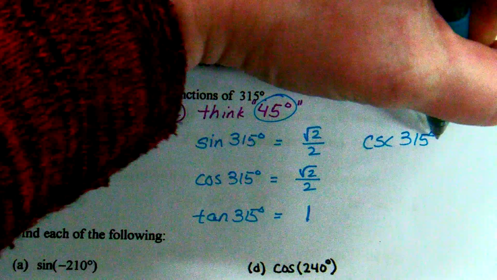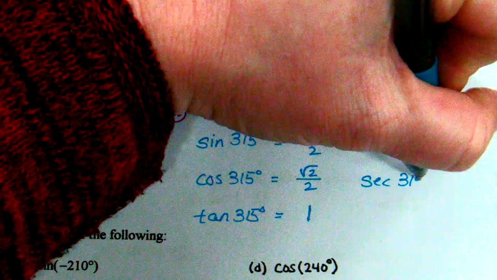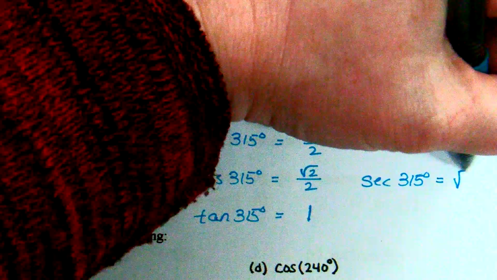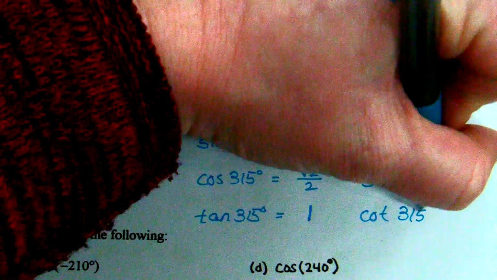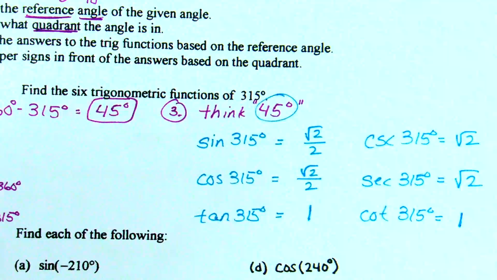The reciprocal function of cosine, secant. So this is where the chart really helps. Secant of 315, same as cosecant, square root of 2. The reciprocal function of tangent, cotangent. Cotangent of 315, 1, because the reciprocal of 1 is 1.